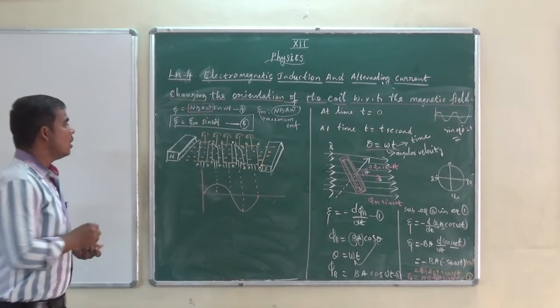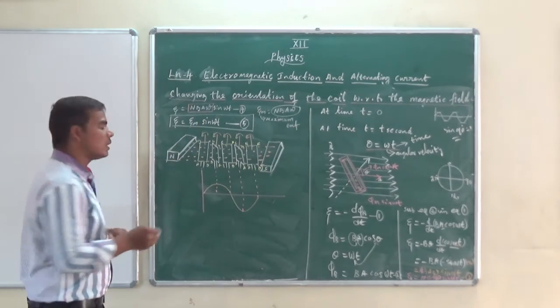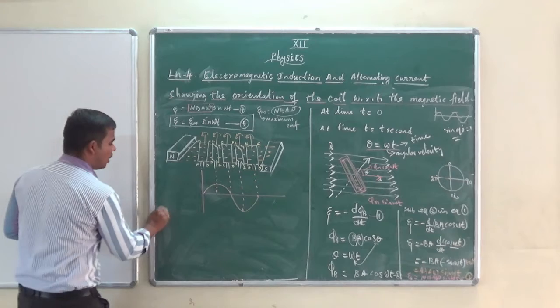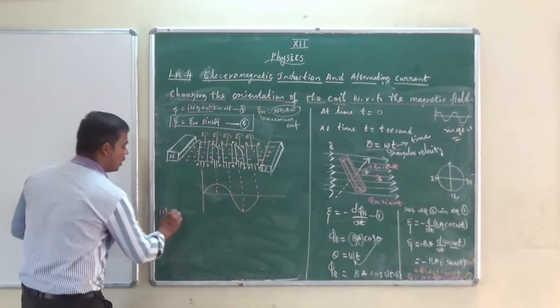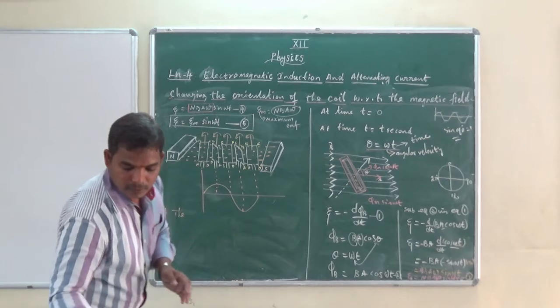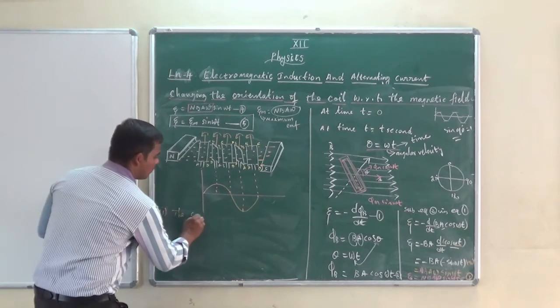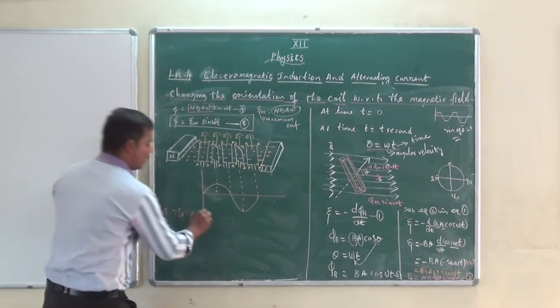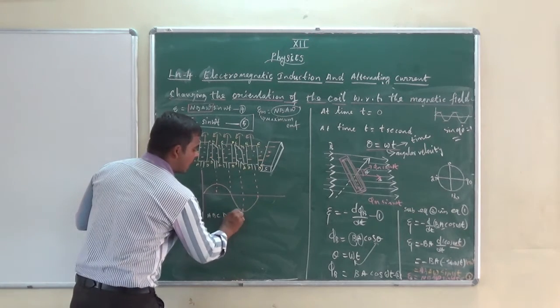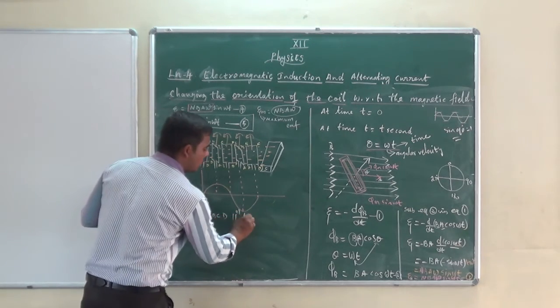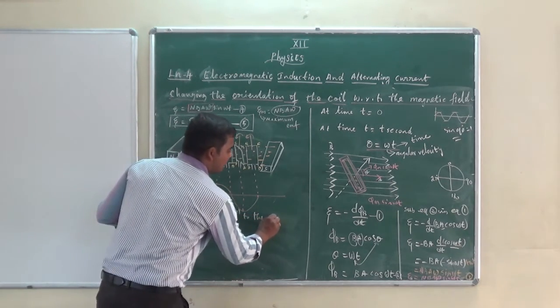So that is 5 positions. In the first position, the coil ABCD is parallel to the magnetic field. This is the symbol of parallel to the magnetic field.